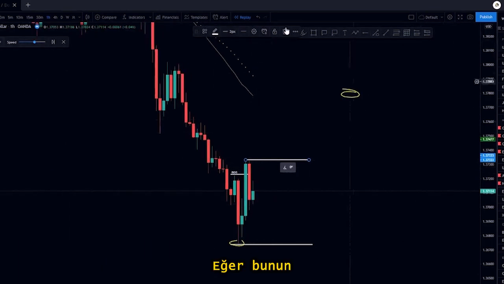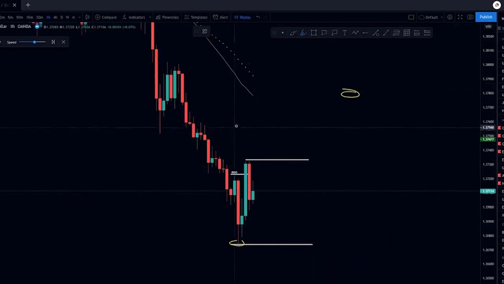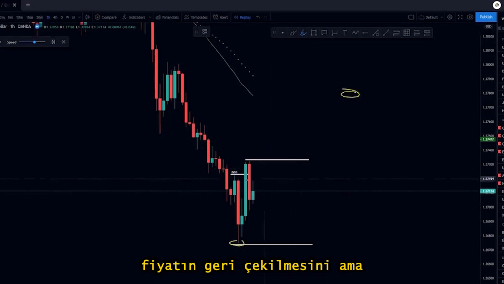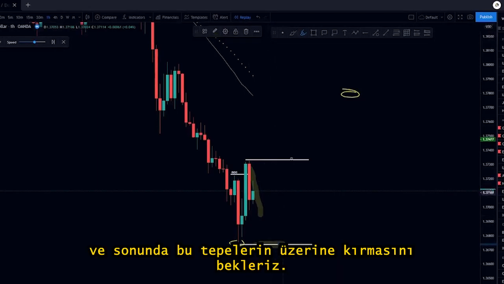So if we want this to confirm that we are in a bullish trend, or at the start of a bullish trend, we need price to retrace, however, not break below this low and then eventually break above these highs, right?